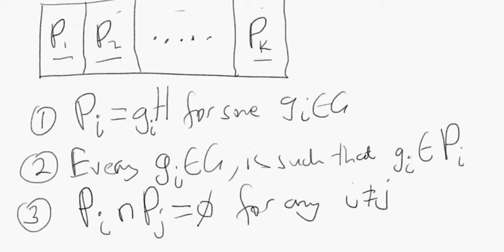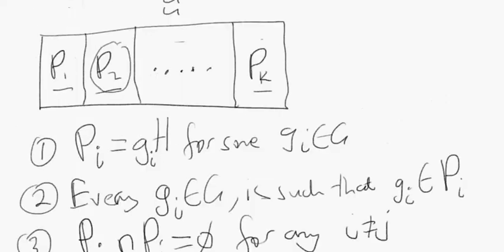That means that if we got some group element g_i and found that it was in one of these partitions, let's say partition P2, it can't be in any of the other partitions. That is, every element belongs to one and only one partition. This is what we're trying to guarantee here.